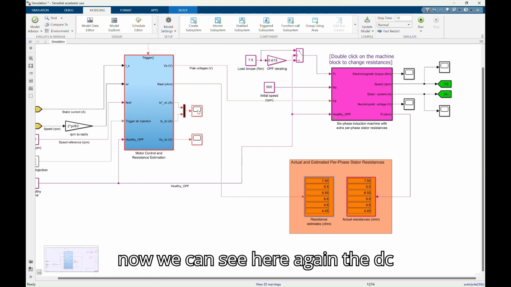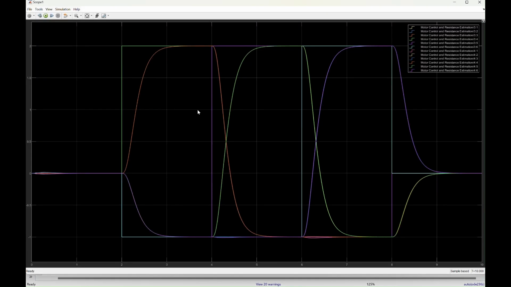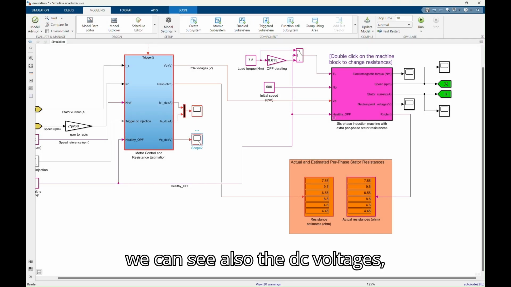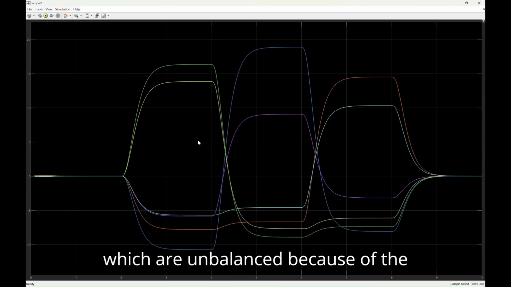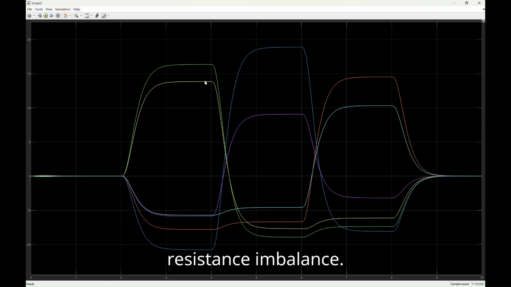Okay, so now we can see here again the DC components of the currents, which also match the reference DC currents. And here we can see also the DC voltages, which are imbalanced because of the resistance imbalance.